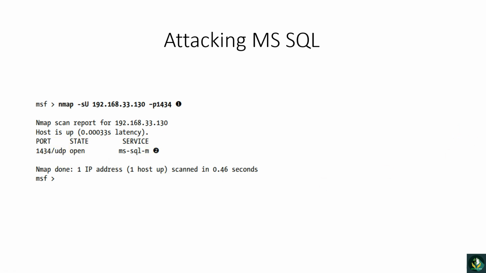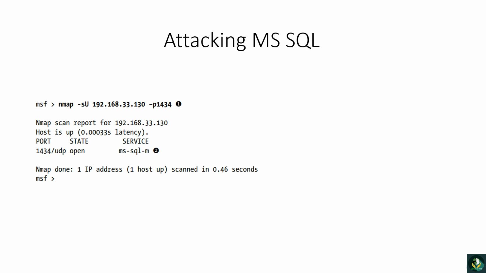When targeting MS SQL, we can leverage the mssql_ping module to brute force the MS SQL port and attempt to guess the username and password. When MS SQL is first installed, the program will require the user to create an account, which is the SA, our system administrator account.